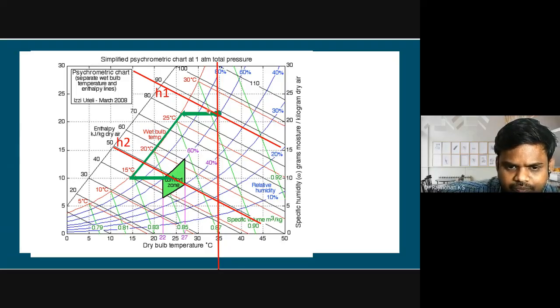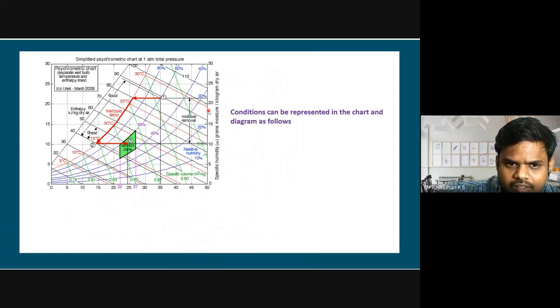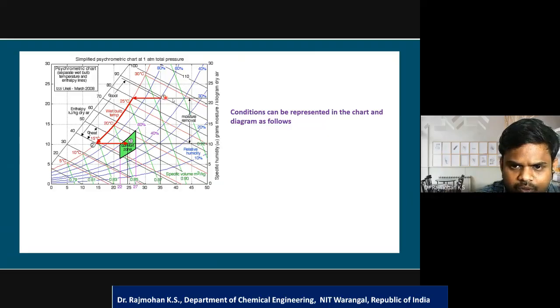This is the representation. They asked us to draw this line, right? How the air conditioning is working, the condition can be represented in the chart and diagram like this. Draw a line, give an arrow mark for the direction.